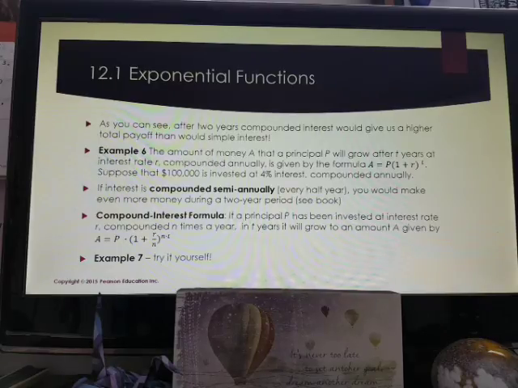So if it's compounded quarterly, then that means it's 4 times a year. So therefore, we know our N value, which is the amount times compounded a year, is going to be 4. So you're going to plug in your 4 wherever N is in that equation. We know that our interest rate is 2 5/8%.